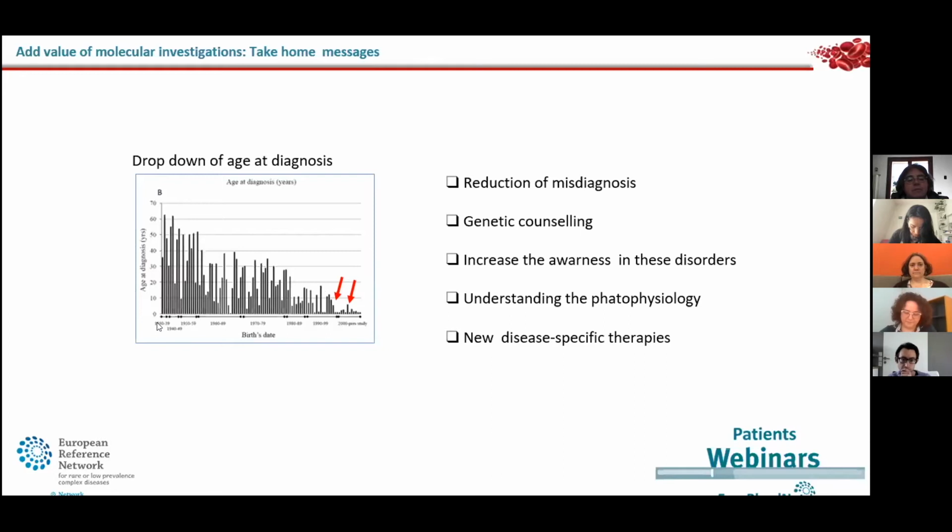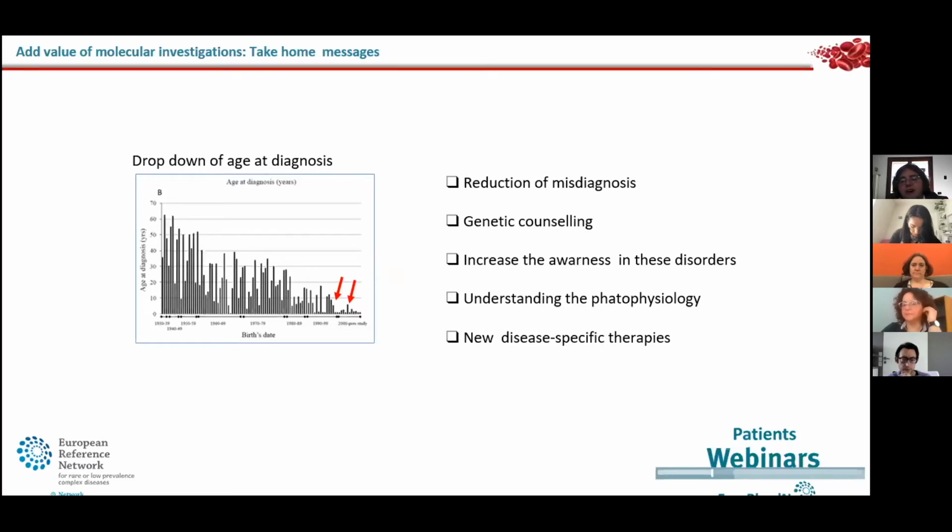These are CDA II patients, stratified by birth date. Many years ago, the diagnosis was really variable, but after the introduction of molecular testing, the diagnosis is made in the very early year of life, or months of life.